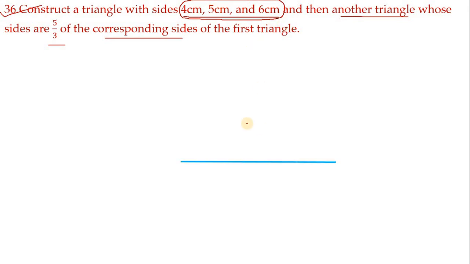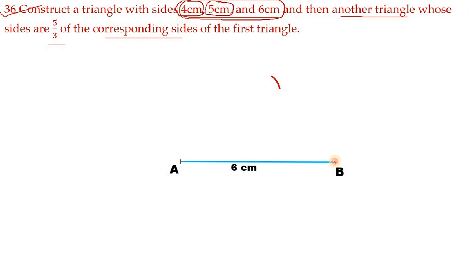Let me draw a 6 cm line and call that line AB, and I have mentioned 6 cm. Next I'll take the 5 cm one. Take a 5 cm radius by using your compass and ruler. Now with A as center, place the needle of the compass on the point A and cut one arc here like this. Next take a 4 cm radius.